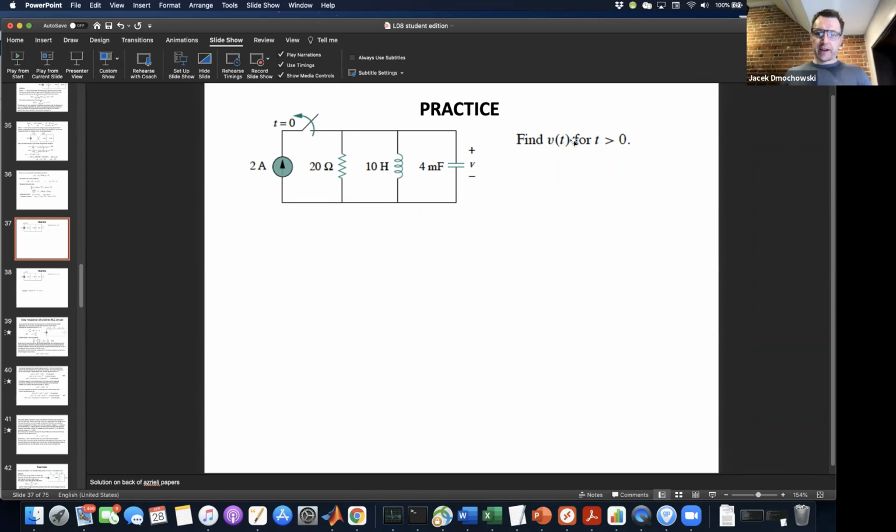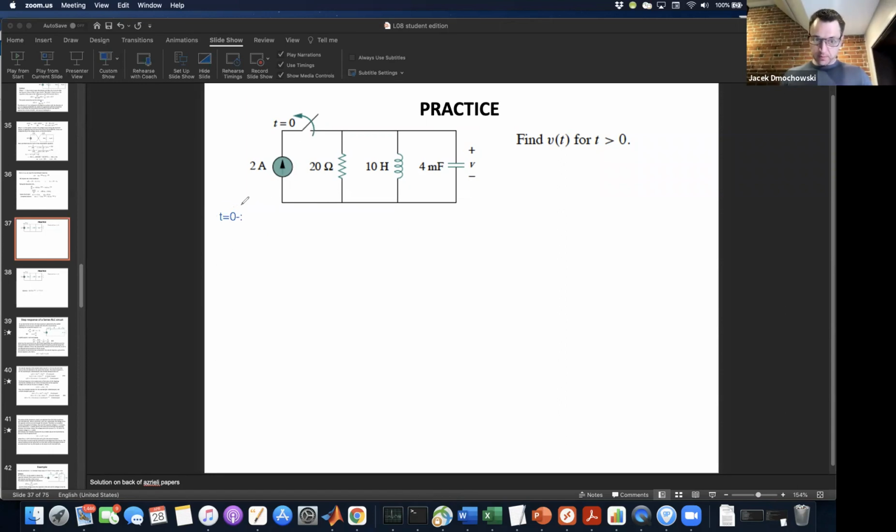We are asked to find V of t, where V is defined as the voltage across this capacitor. So the first thing, as always, is to draw this circuit at time equals 0 minus. And this one is easy to draw, fortunately.